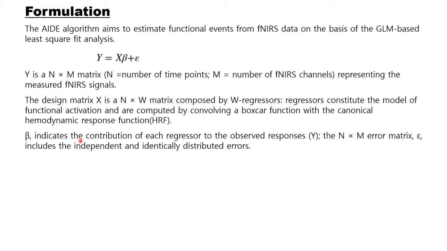The detail about the boxcar function and canonical hemodynamic response function I will show you in the next slides. And here beta indicates the contribution of each regressor to the observed responses, and the epsilon is an n by m error matrix, which includes the independent and identically distributed errors.